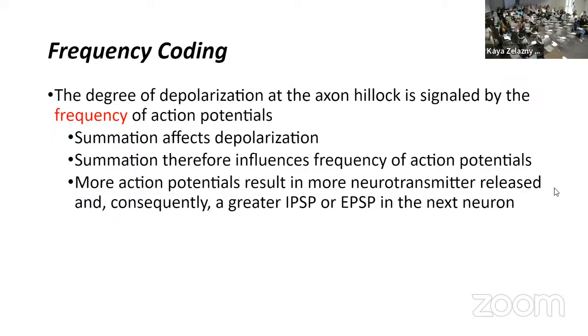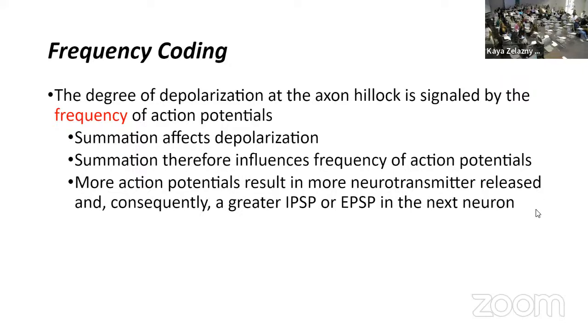When we think about something called frequency coding, right? Frequency coding has to do with this idea kind of the temporal summation, right? So the degree of depolarization in the axon hillock, that postsynaptic neuron, can be affected by how frequently action potentials are firing. Right? So we're going to sum together different effects.